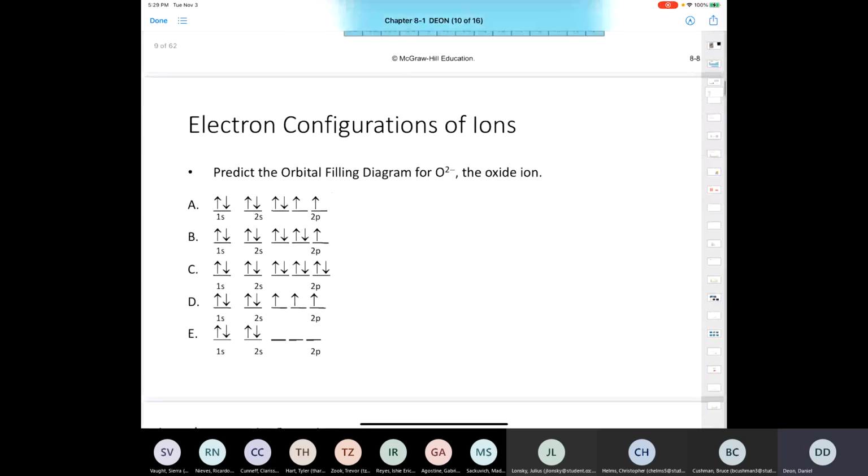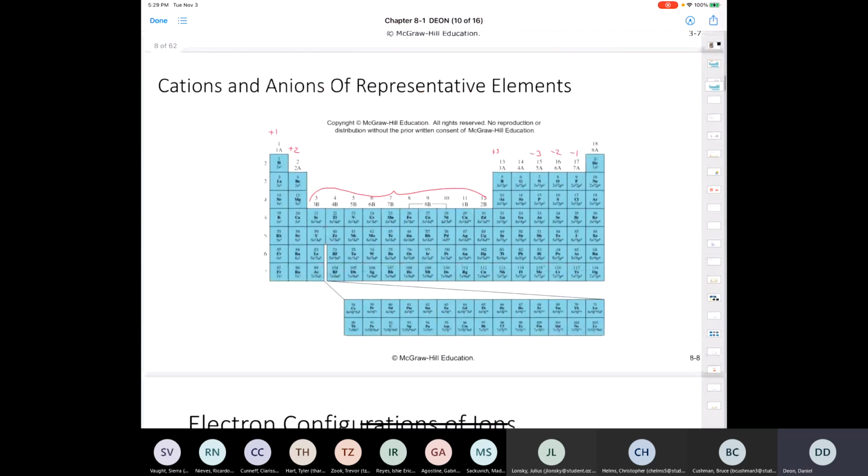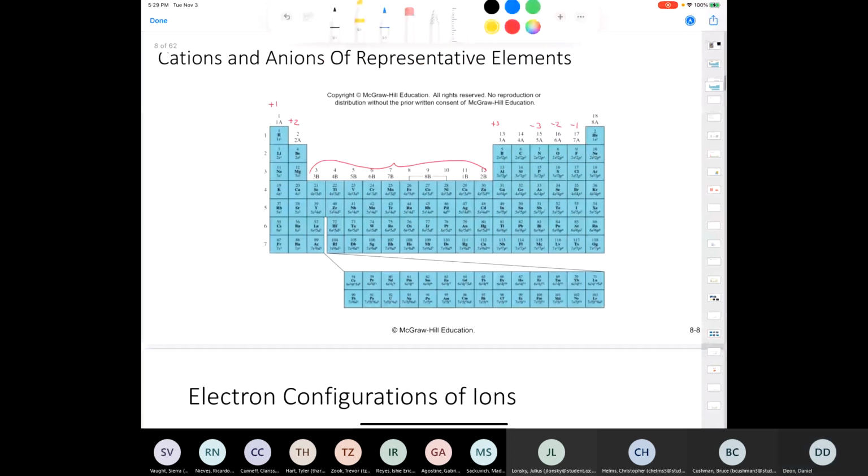We're talking about an anion, and that anion is the oxide ion. Notice that the oxide ion has a 2- charge. Let me show you again why that is. Here's oxygen, element number 8. What's the nearest noble gas to oxygen?